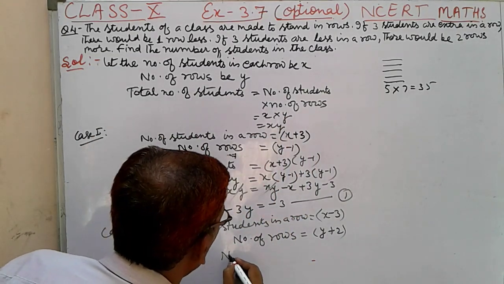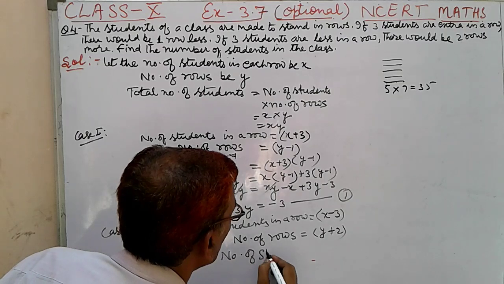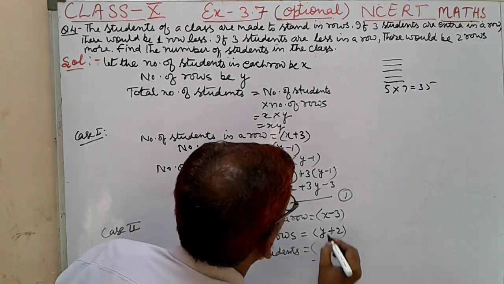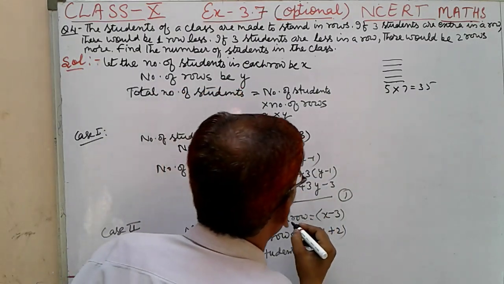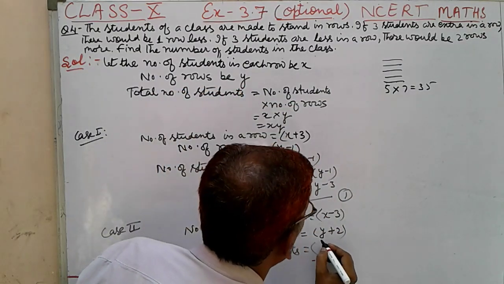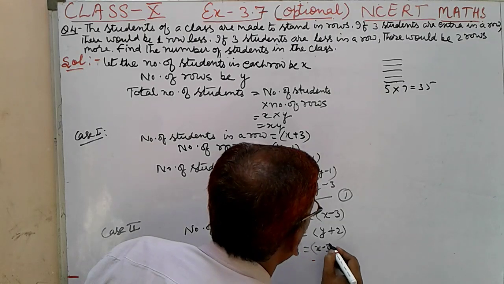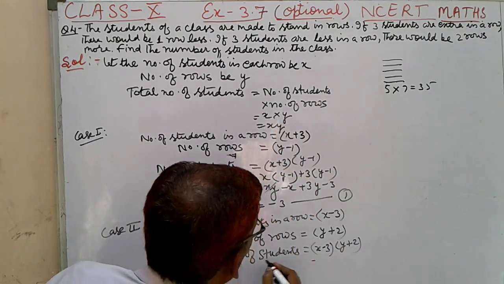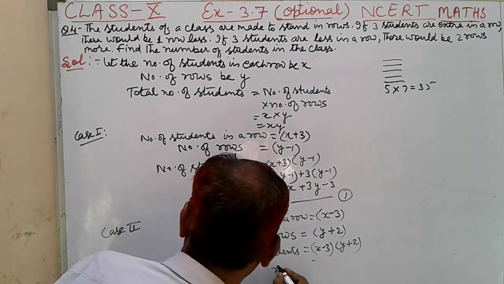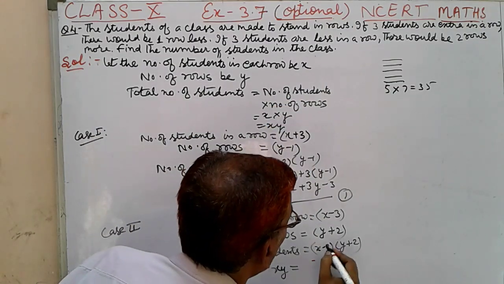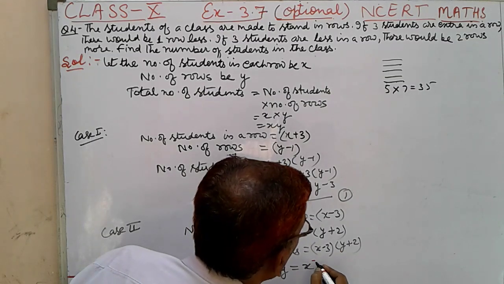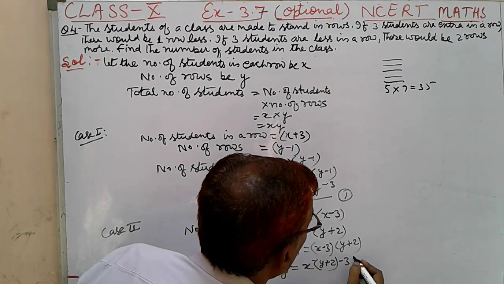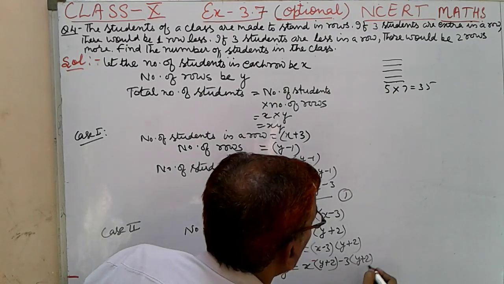So the number of students will be, multiply number of rows by number of students, x minus 3 into y plus 2. Number of students are x minus 3, y plus 2: product x into y plus 2, minus 3 into y plus 2.